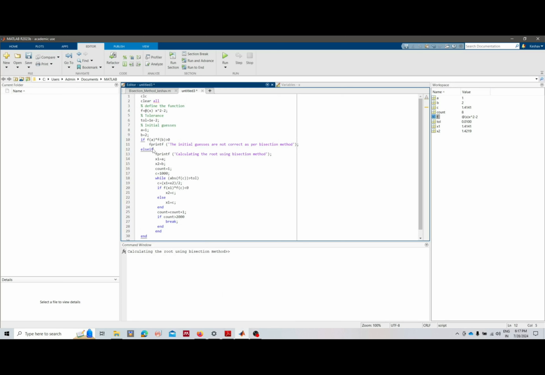In that case, what we need to do is: if the absolute of the function at a is less than the tolerance, then fprintf the initial guess equal to percentage f, suppose I am writing, is the root.